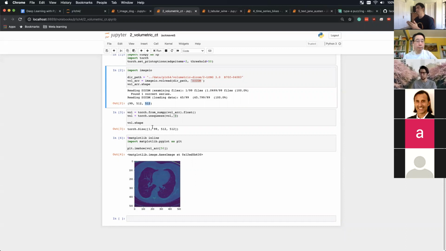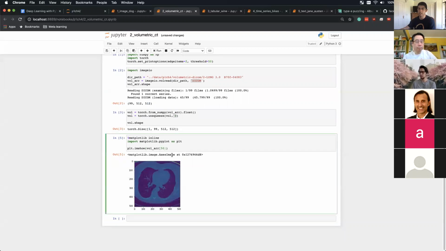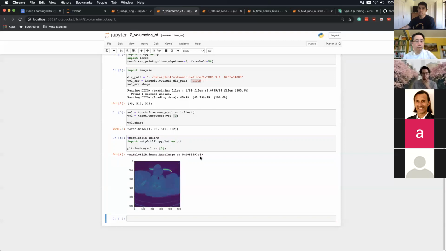You need your batch dimension even if you just have one. So then it's just a single batch, and then 99 by 512 by 512. Then they show that we can visualize random slices of this. And that's really all there is to the volumetric stuff.